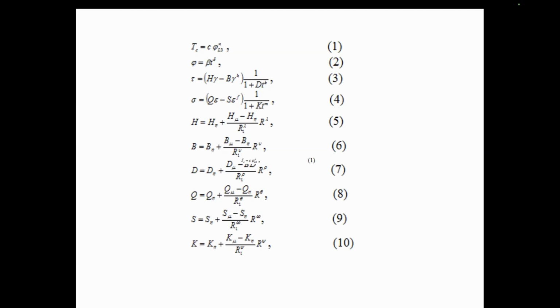The shaft is functionally graded along its radius. The variation of material parameters along the radius is presented by formulas from number 5 to number 11.